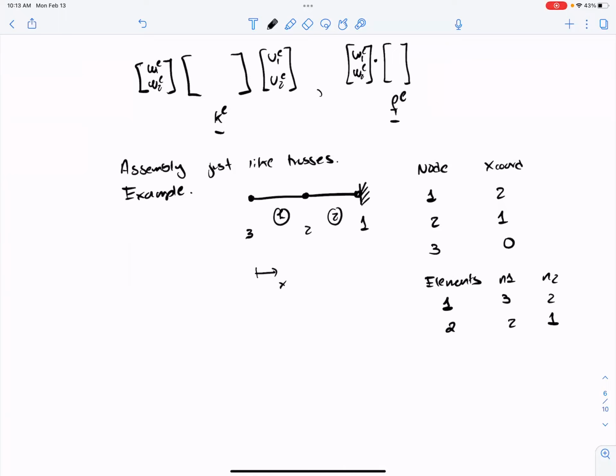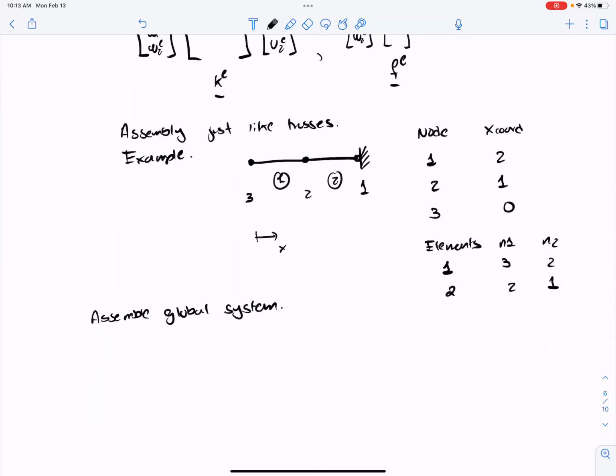Then my global system of equations is going to be like this. This is just like we did for the trusses.